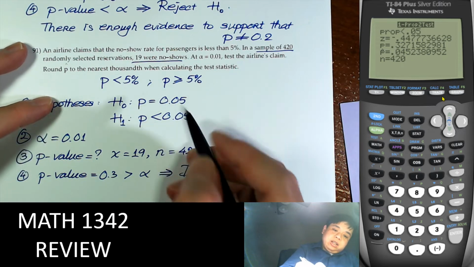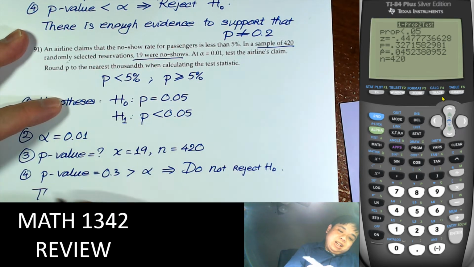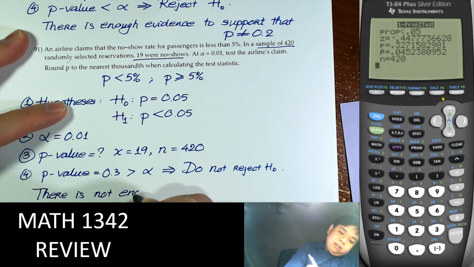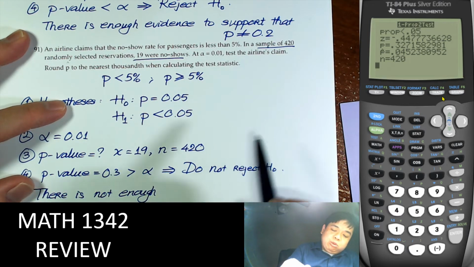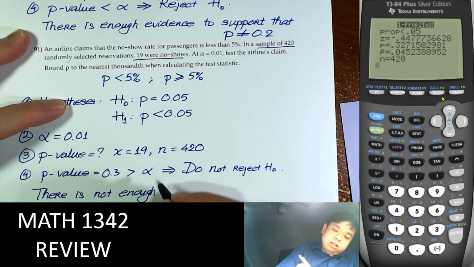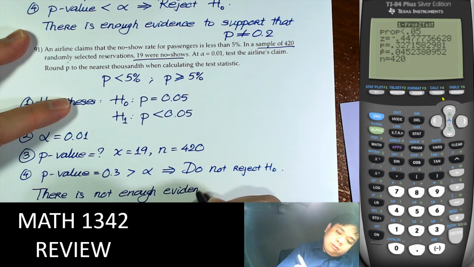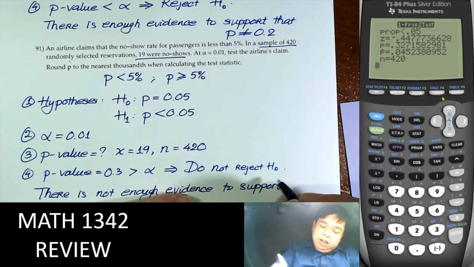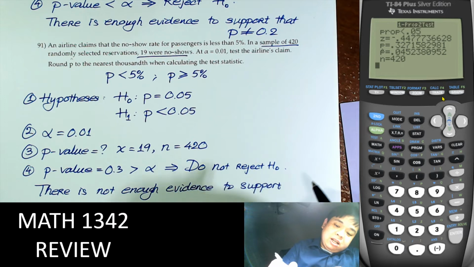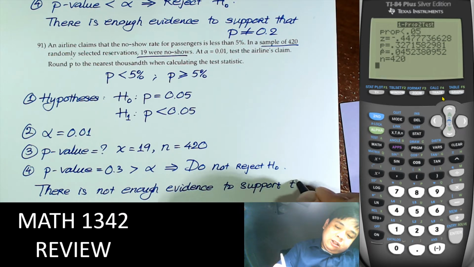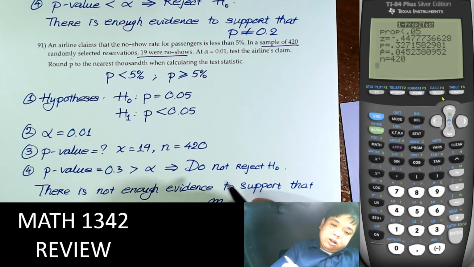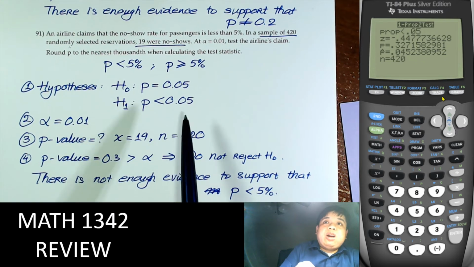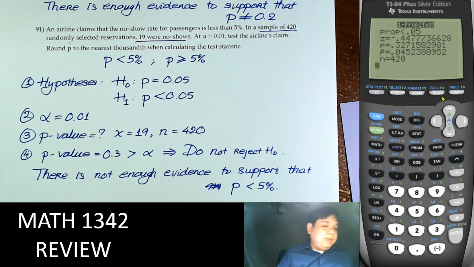If we do not reject, we say there is not enough evidence to support the claim that the proportion is less than 5%. So we do not have enough evidence to support H1, sorry.